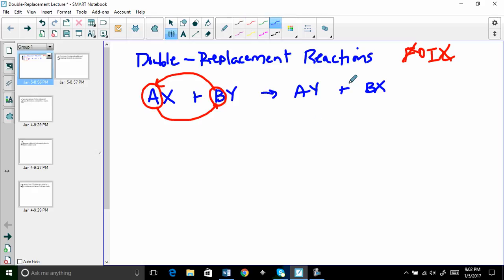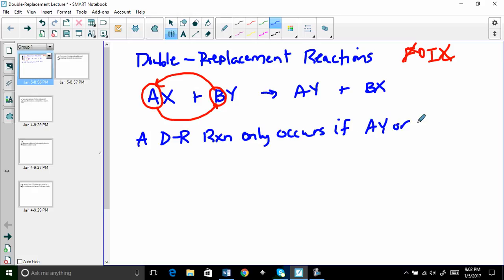The other thing I need to say is a double replacement reaction, DR for short, only occurs if AY or BX, which is a fancy way of saying one of the products, is water or a precipitate.